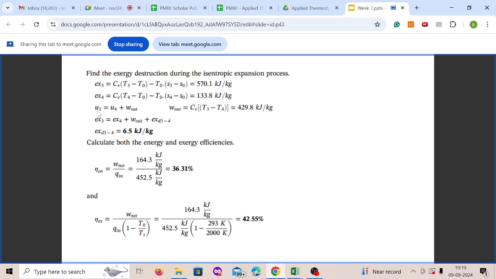So U3 is U4 plus W out. So W out will be 429.8 kilojoule per kg.